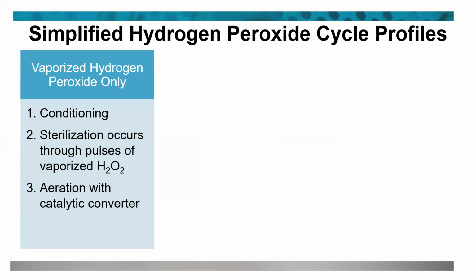Following the conditioning cycle, systems employing only vaporized hydrogen peroxide utilize a series of below atmospheric pulses to penetrate packs with vaporized hydrogen peroxide and sterilize the items. After the sterilization, the chamber undergoes aeration, and during this time the chamber air is removed and sent through a catalytic converter that breaks down any residual hydrogen peroxide into water and oxygen.